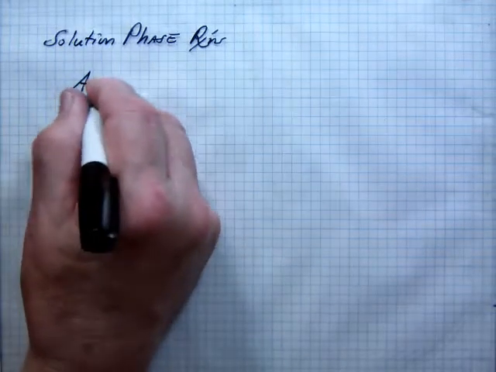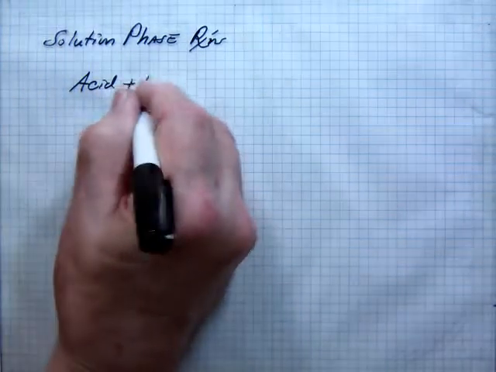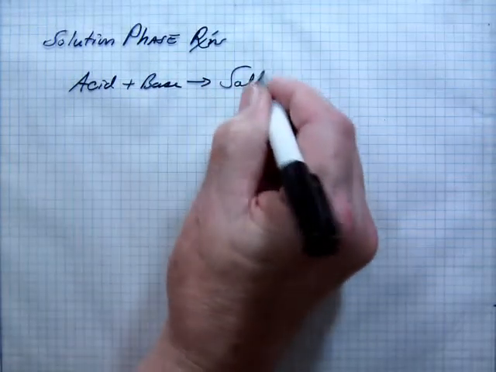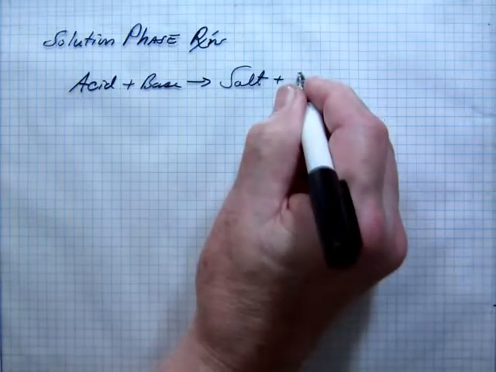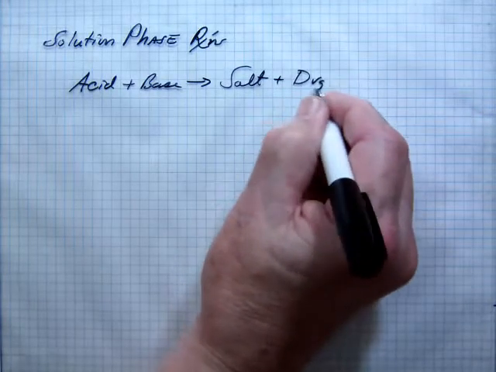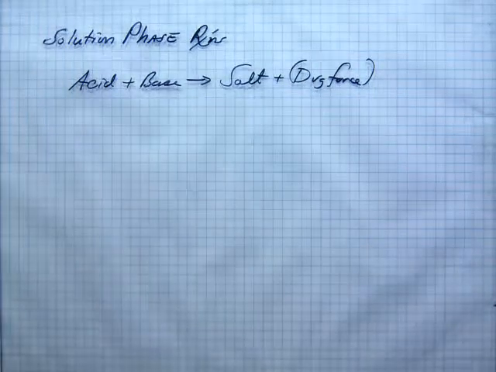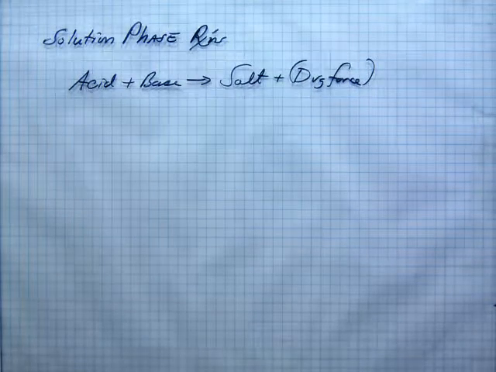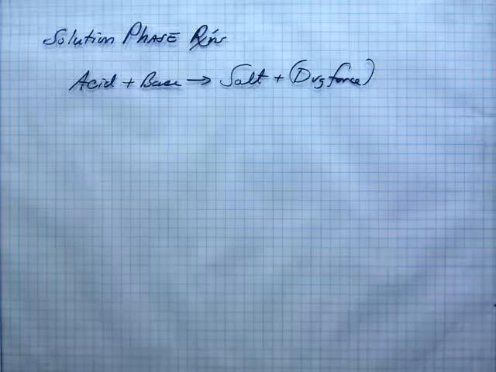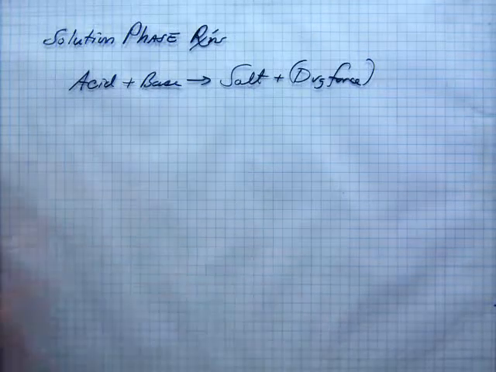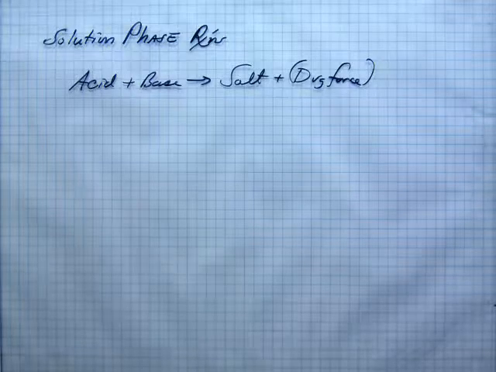So we're looking at acid plus base to give a salt plus driving force, which is a precipitant, a gas decomp, or a weak acid or base. And all of this is metathesis, as a matter of fact.